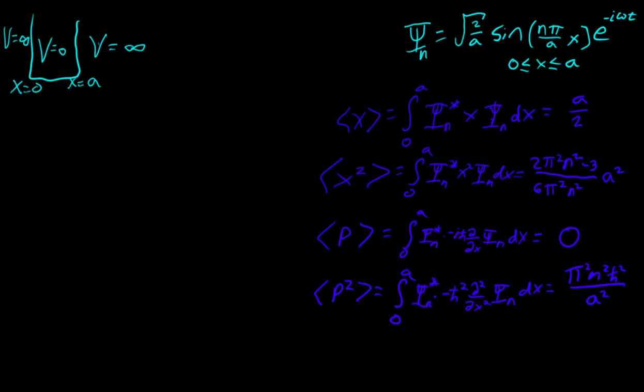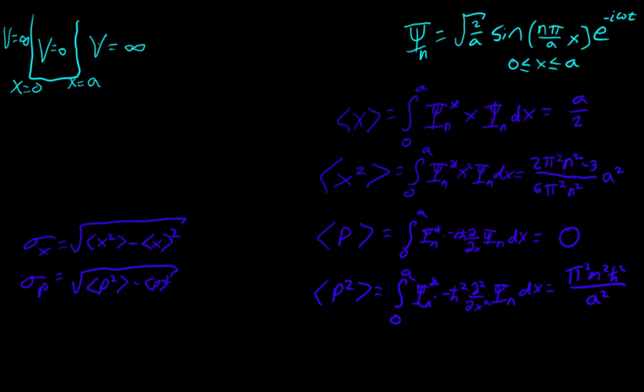Okay. Now, using the equations that we know, sigma x, the standard deviation, is the root of the expectation value of x squared minus the expectation value of x, squared, and sigma p, we know, is the root of the expectation value of p squared minus the expectation value of p, squared.